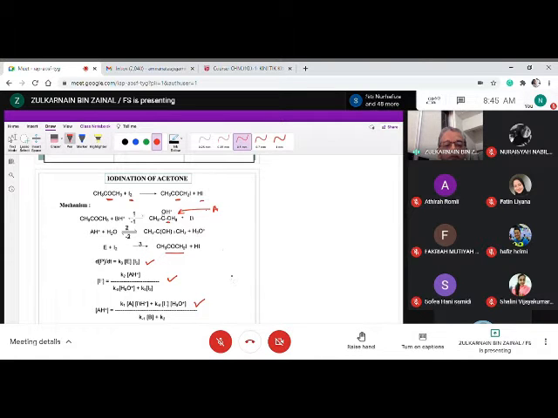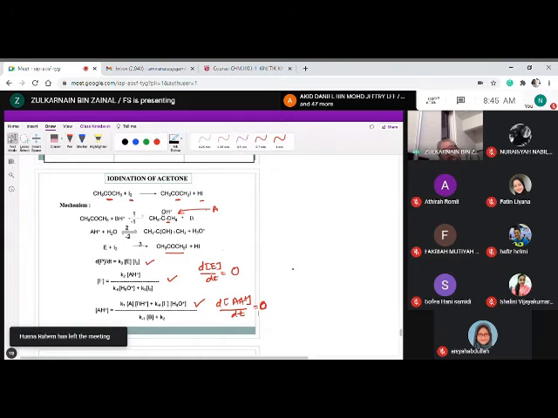Remember it's the steady state approach, meaning that we assume dE/dt is 0, and also dAH plus/dt is 0. Why is it 0?